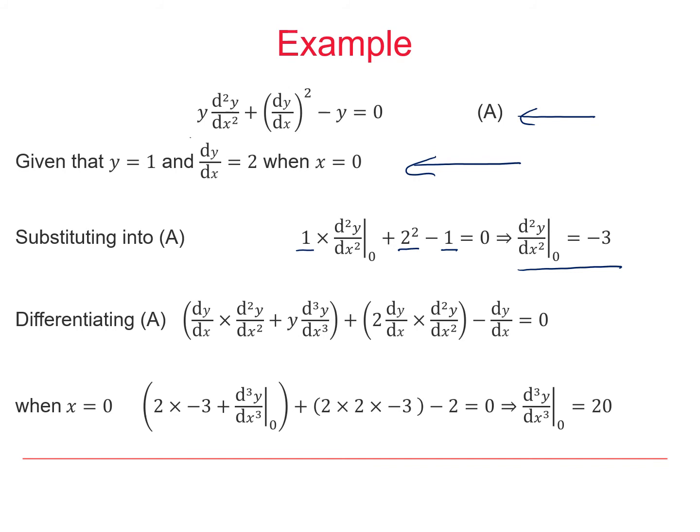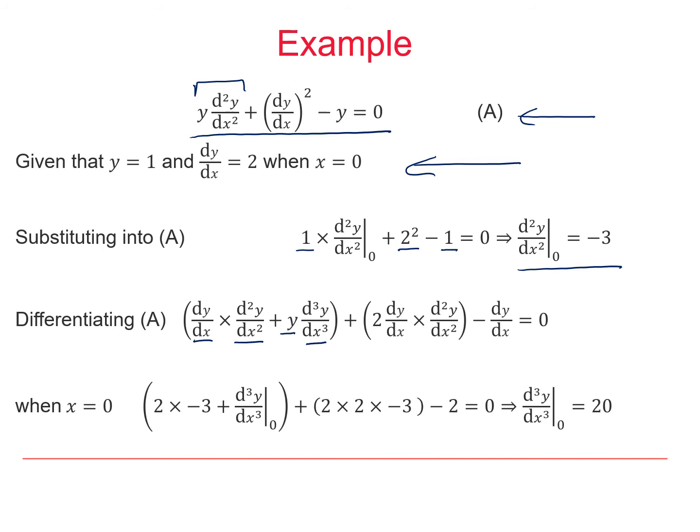and the only way we're going to be able to do that is to differentiate our original equation. The first term is a product rule requirement. We differentiate the first term, y, so that becomes dy by dx, and we leave the second term unchanged. Then we leave the first term unchanged and differentiate the second term. d2y by dx squared differentiates to d3y by dx cubed.